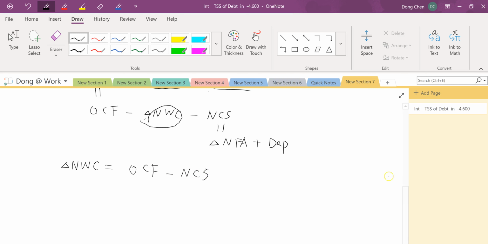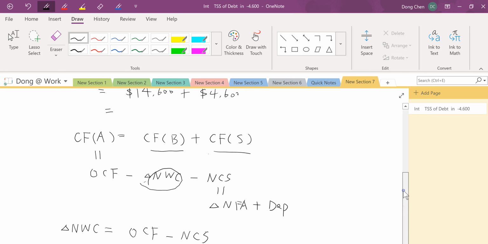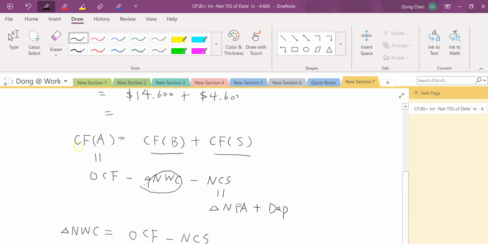And then I have to move the cash flow from assets to the other side. When I do that, I change sign, so that becomes a negative, cash flow from assets. So that's the formula to get the addition to net working capital.